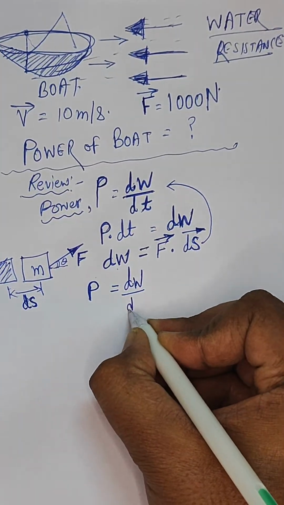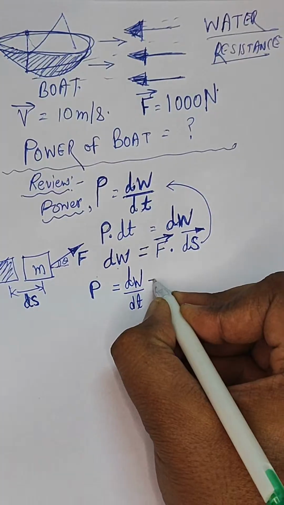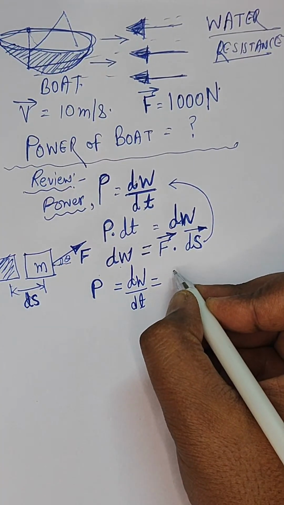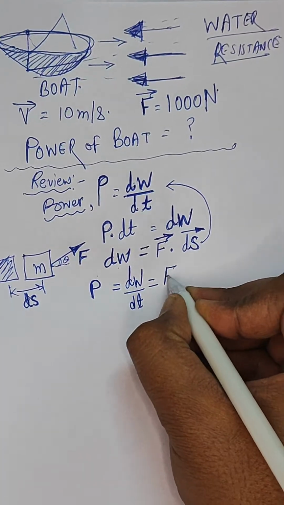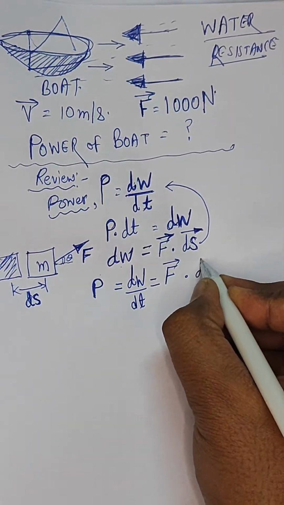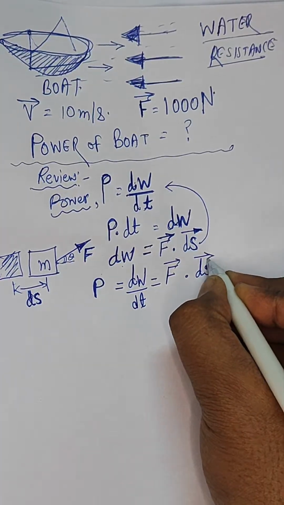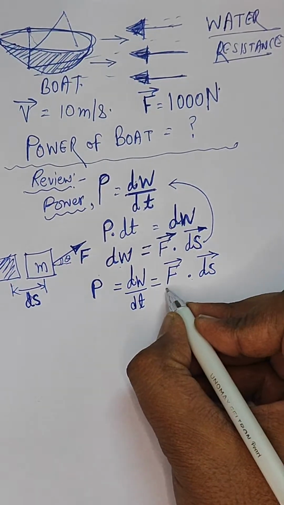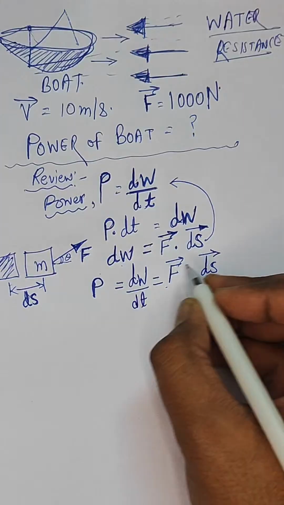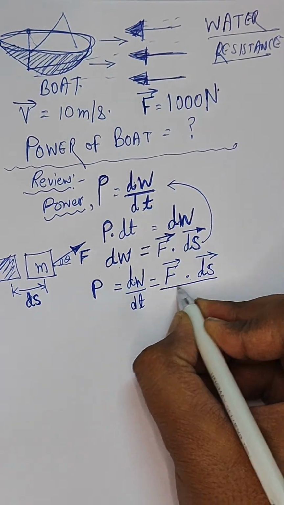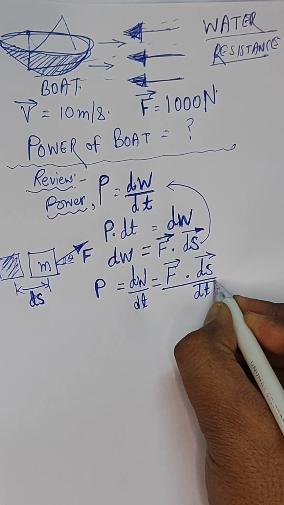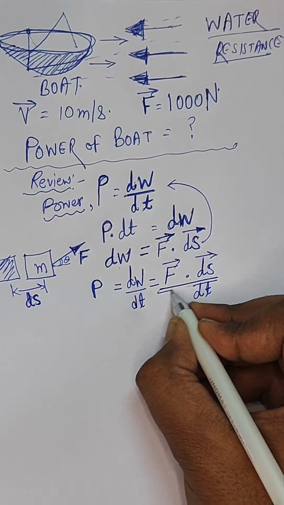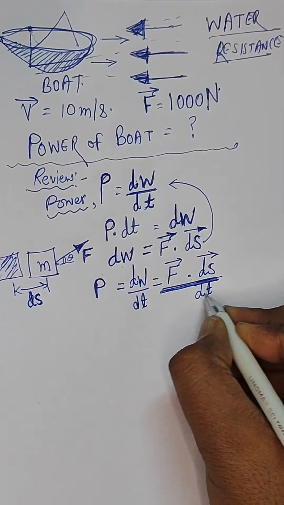It is work done by time, and work done is represented as F dot ds, the dot product of force and displacement, divided by the time dt.